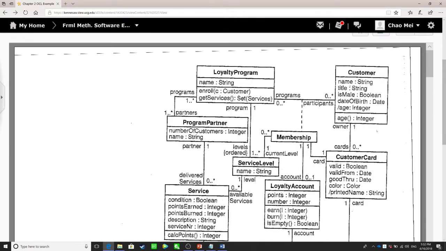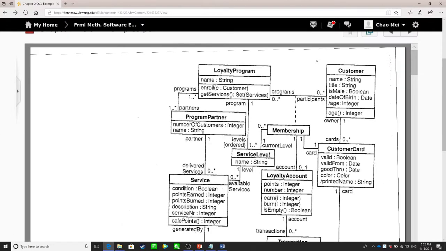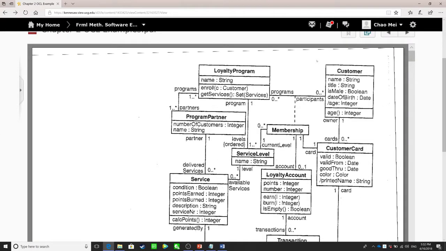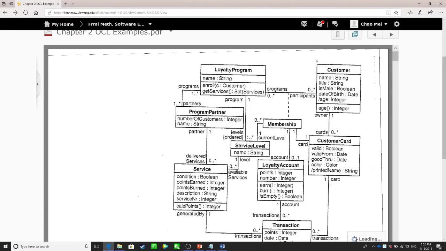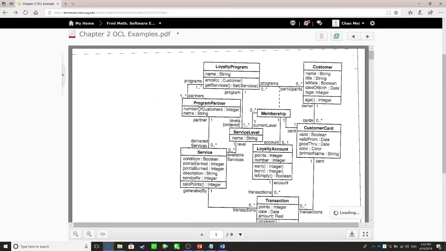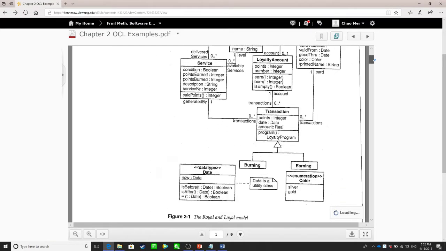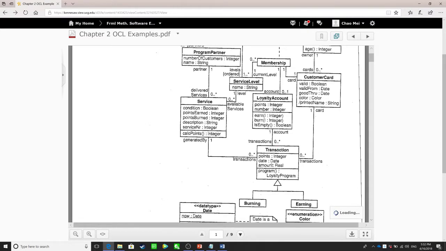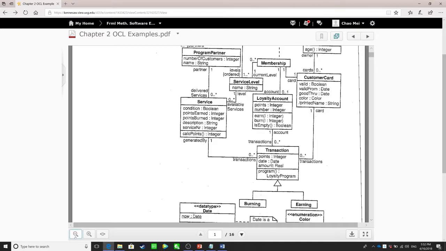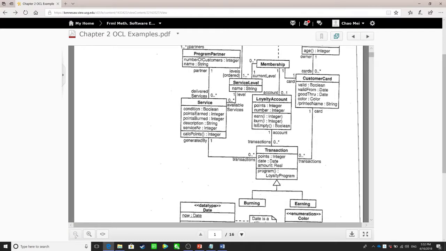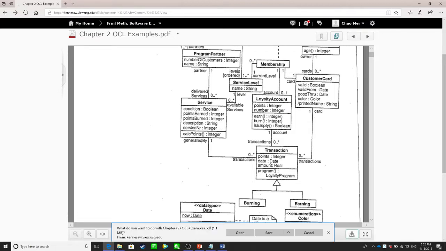I want to make it smaller. How can I do that? Okay, fine, let me download this one so that I can open it.